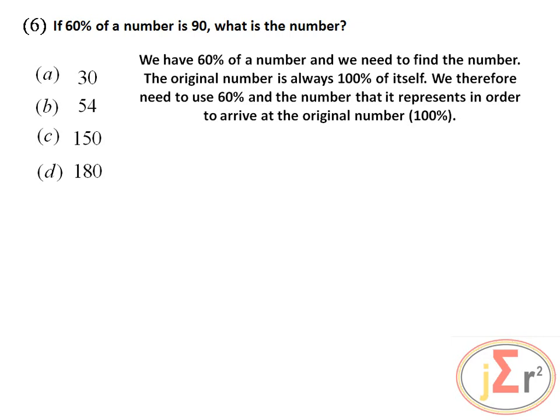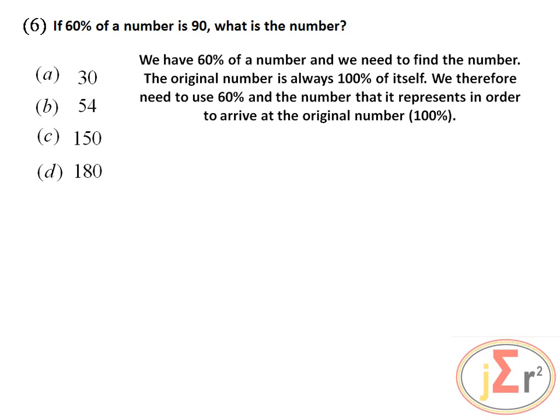We have 60% of a number and we need to find the number. The original number is always 100% of itself. Never forget this. Every time you have a problem that has anything to do with percentages, do not forget that the original is your 100%.